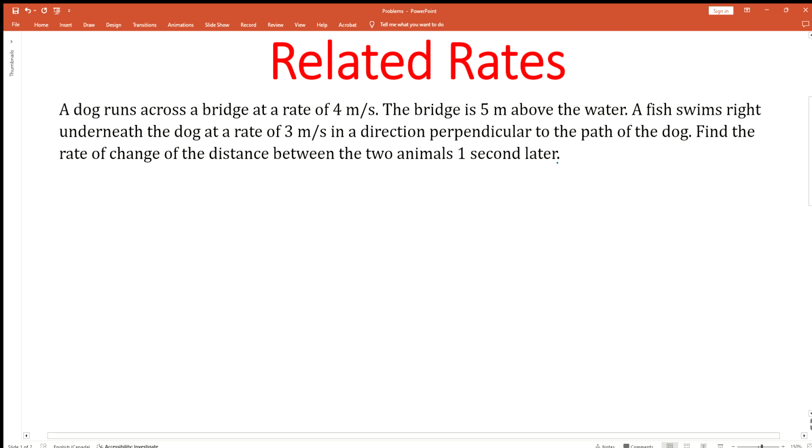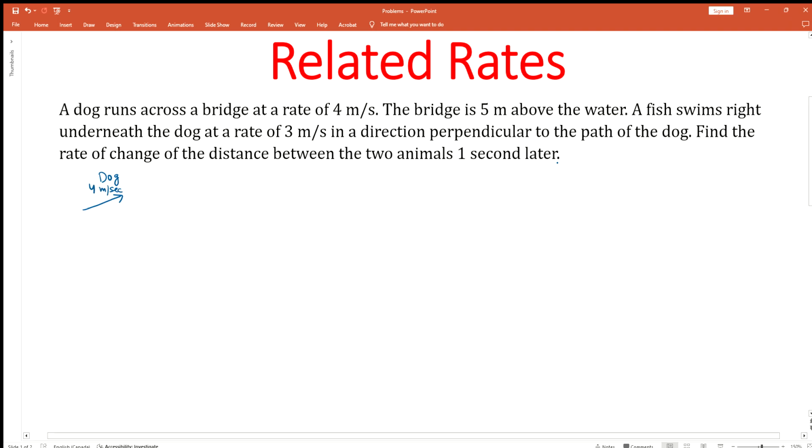The first step is to draw a diagram for this problem to understand what's given and what we need to find. The diagram for this problem is a three-dimensional or 3D diagram. Let's start by showing the direction of motion of the dog. Let's assume the dog is running in this direction. The speed of the dog is 4 meters per second.